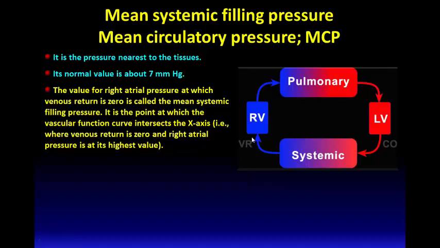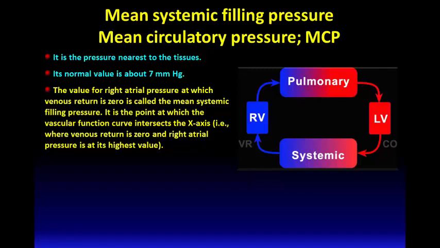So the mean systemic pressure is determined as the value of the right atrial pressure at which venous return is 0. It is the point at which the venous return curve, which is also known as the vascular function curve, intersects the x-axis.